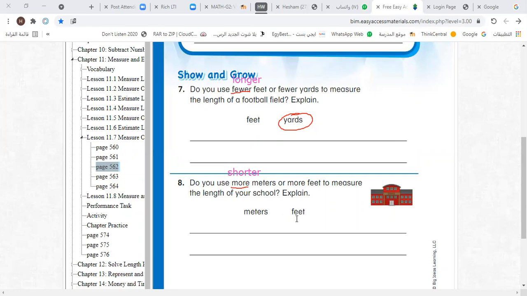Actually, foot is shorter. So circle feet. When you measure, you will get more feet because 1 foot is shorter than 1 meter.